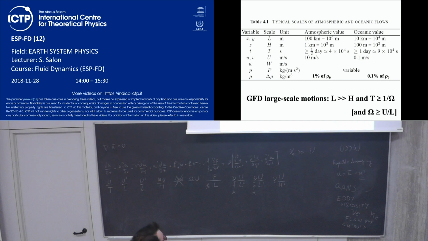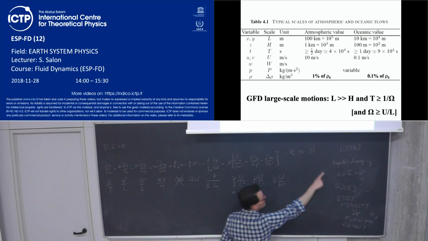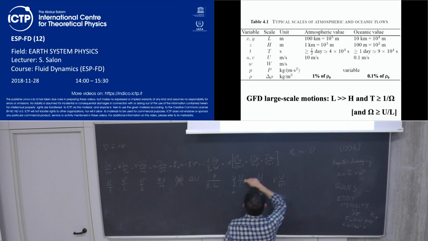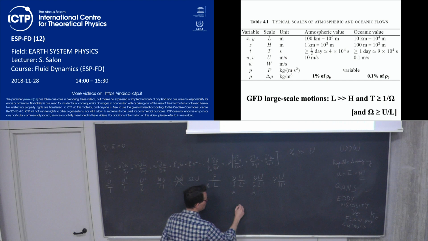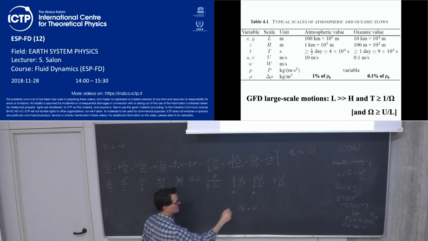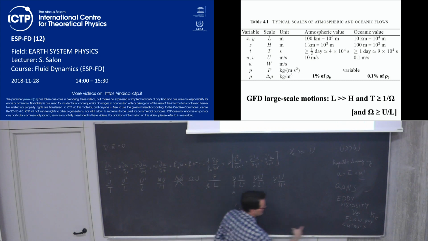But why are you just replacing this? Okay, because usually if you do all the analysis with the Reynolds averaging, what you obtain is something like this. And this is basically related to this kind of term here.